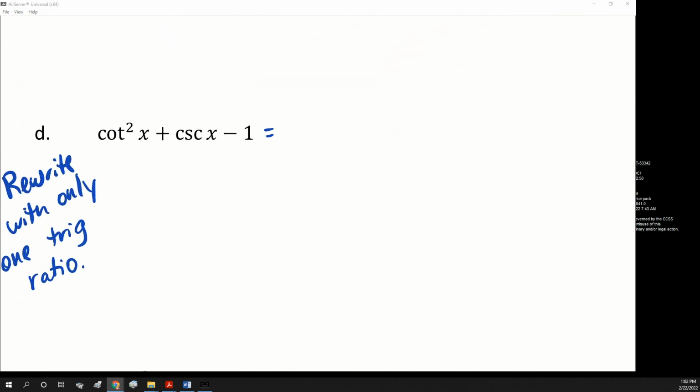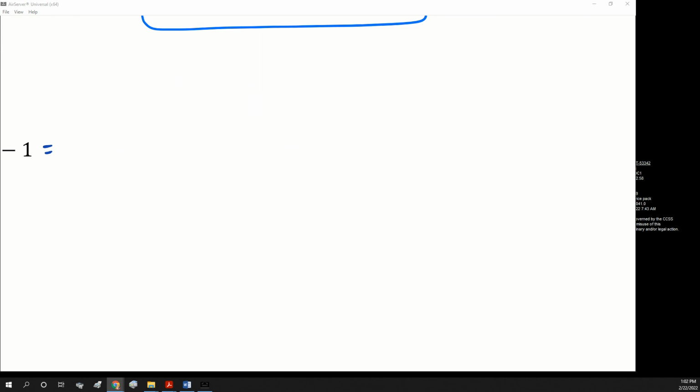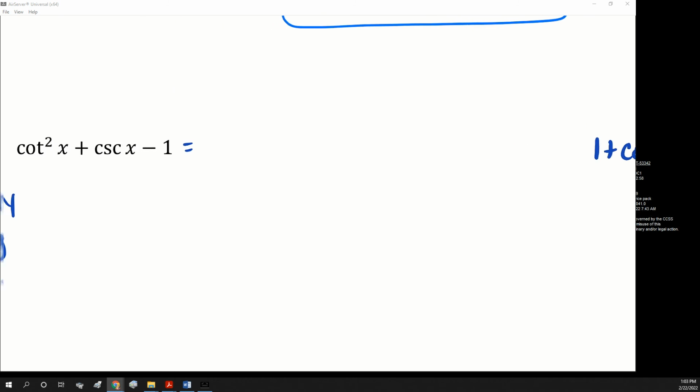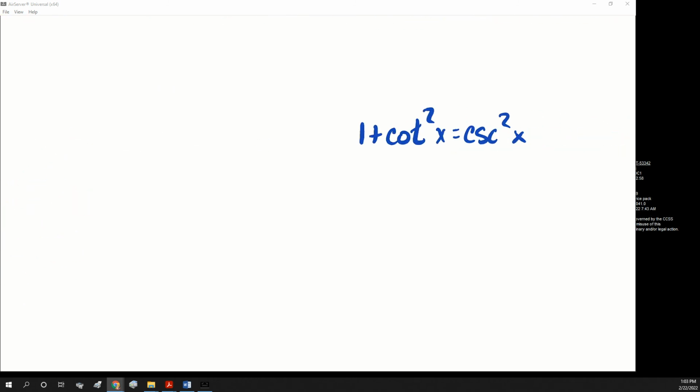All right, now we've used this identity a bunch of times. I'm just going to write it one more time. So originally it's written this way. All right, but we don't have cotangent squared plus 1. We just have cotangent. So I'm going to move the 1 over.